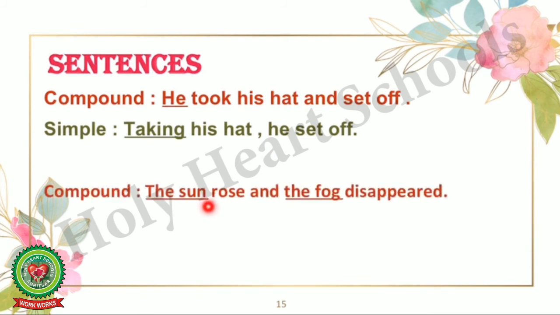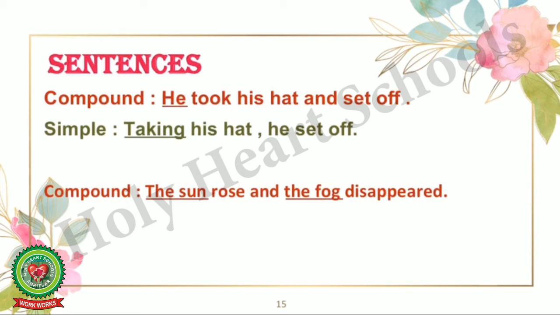See the next sentence. The sun rose and the fog disappeared. Now children, here we are having two subjects. One is the sun and the second is the fog. And here one action is happening in continuity with the other.